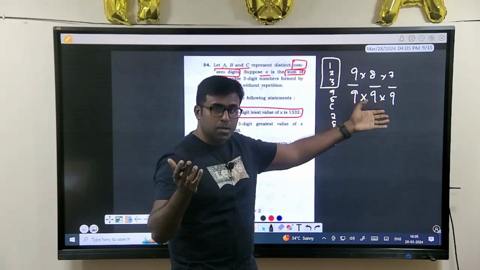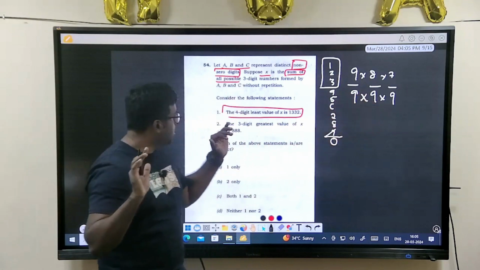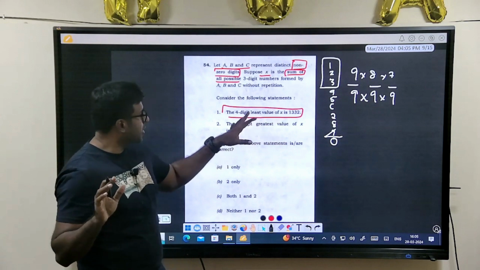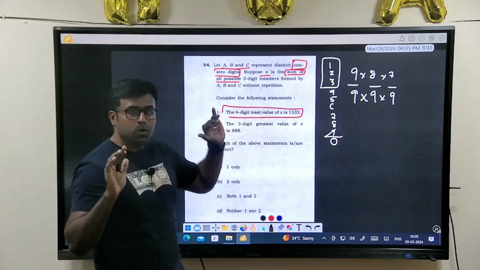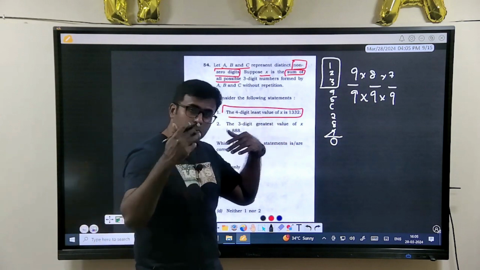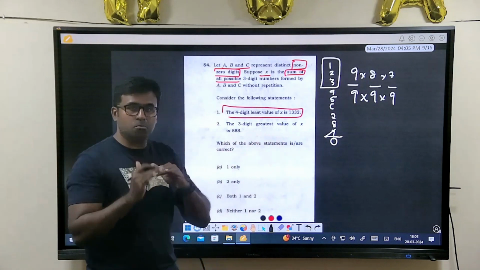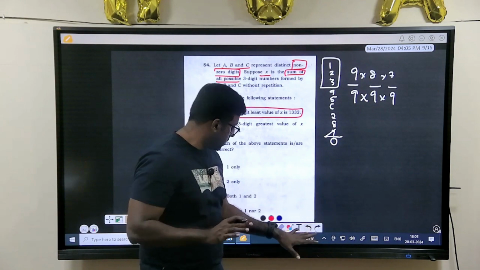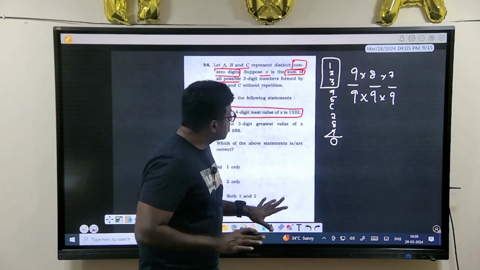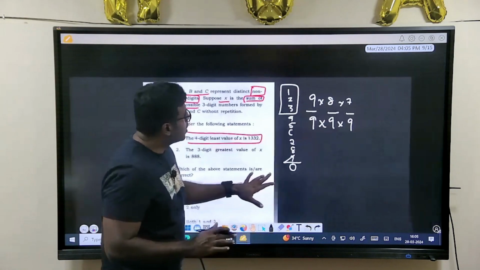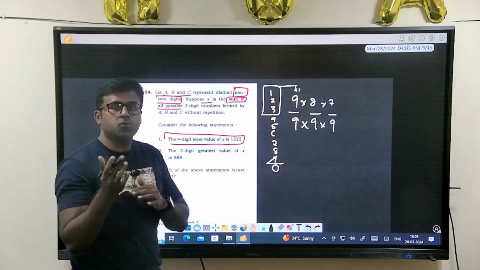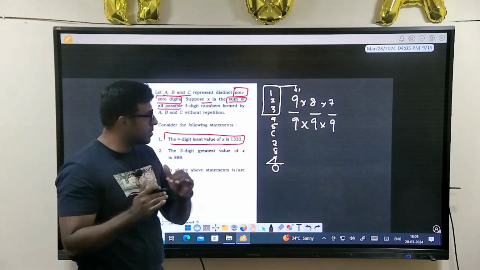There are so many combinations of numbers possible, but they say that the least 4-digit value of x is 1332. The least value of a sum can be obtained by the least values of the numbers present. So it means that only these three can be used for forming the digits and their summation.